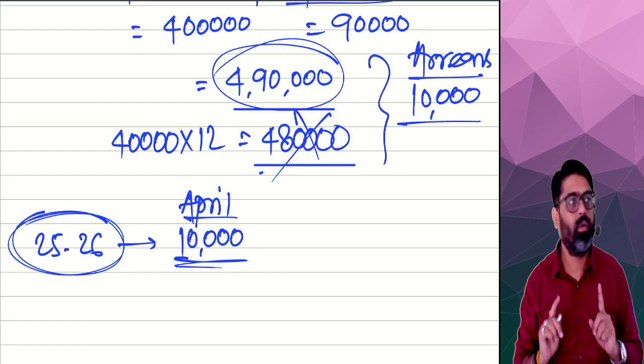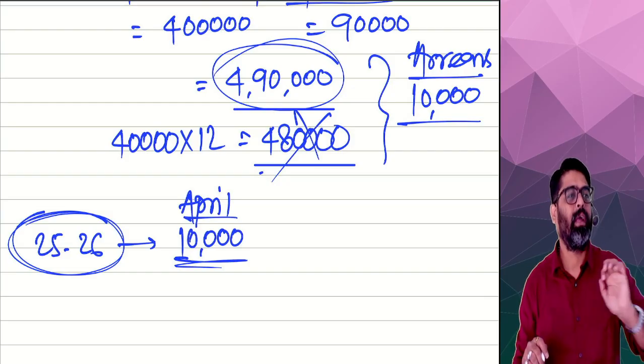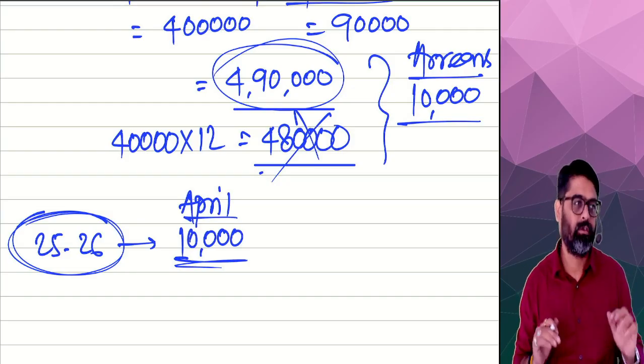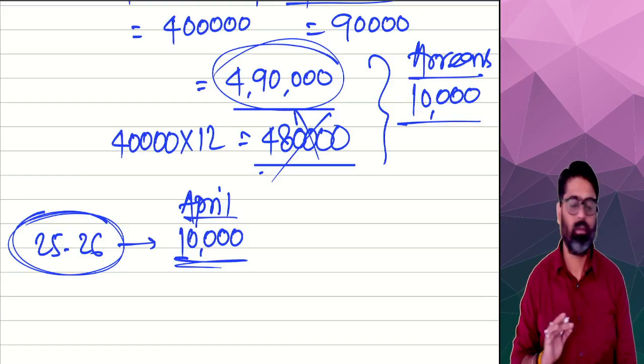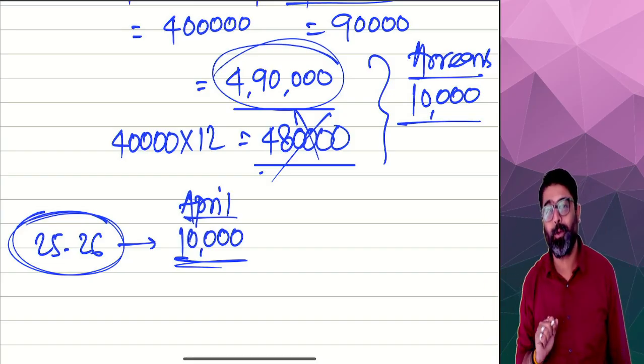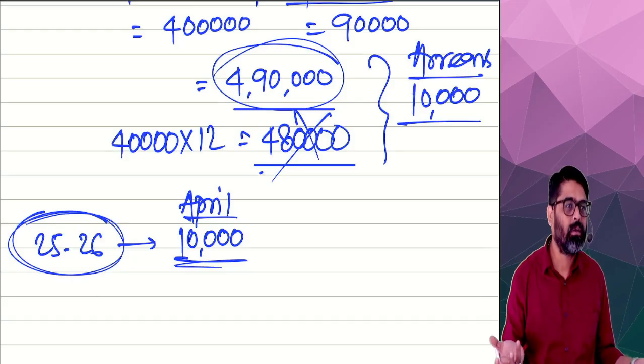Everyone, will you remember? But sometimes the examiner is silent in the question. He will just tell you arrears of salary received. That's it. For this year, arrears is received. No information whether it was taxed earlier on due basis or not. What are you going to do? Assumption.